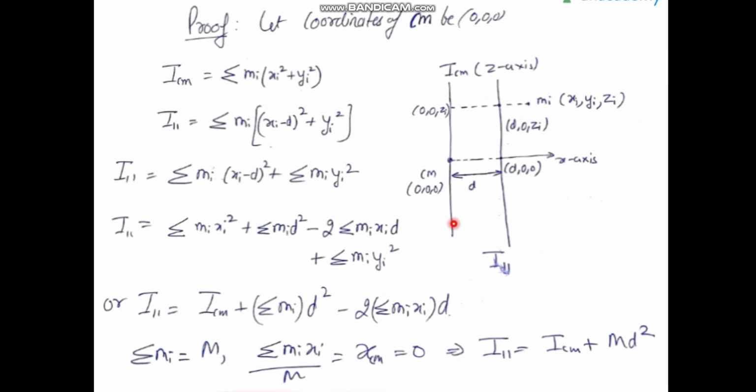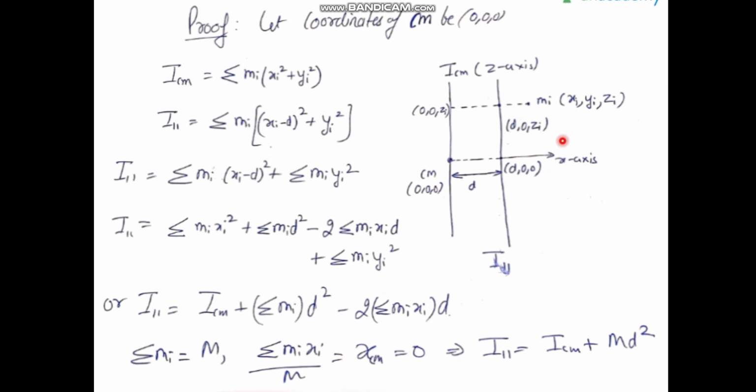Now this is the other axis, which is parallel to the center of mass axis at a distance d. So this passes through d, 0, 0. That means on this entire axis, x will be d. So if I drop a perpendicular from the ith particle to this axis, the point will have coordinates d, 0, zi.